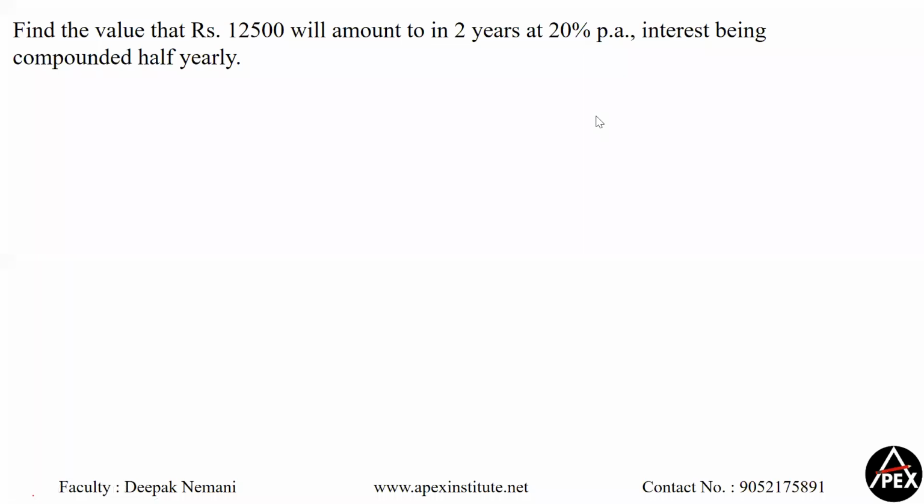It's 2, it's not 1 by 2, it's not 1 by 4. You can answer these types of questions when you find the value of K. Once you get K, there is nothing else. Amount is equal to P into 1 plus R by 100 power n normally, and since it is compounding K times in a year, it is R by K into 100 and power K into n. You can answer this question if you get the value of K.